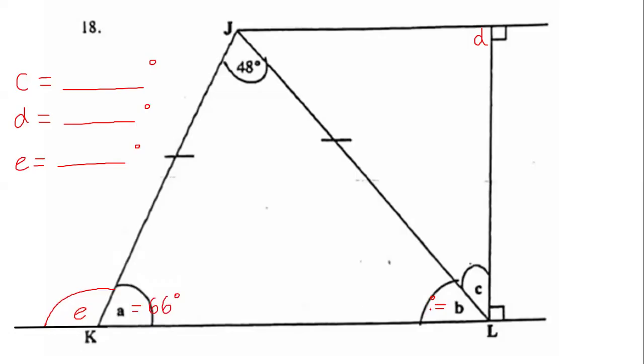Both sides are 66. I know I messed up my calculations just now, but all right. So A and B is actually 66. But all I want is C, E, and D. What are those angles? That's all you're focusing on.